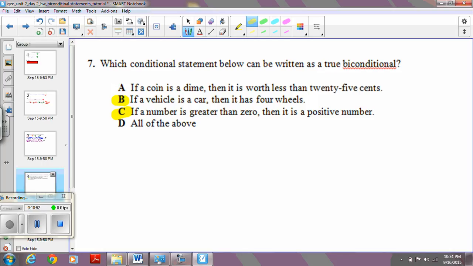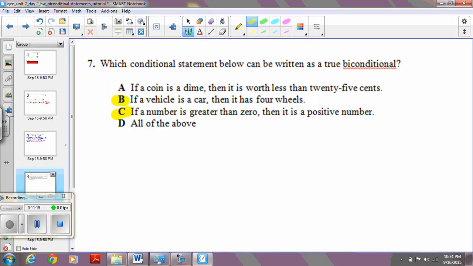Now let me read B again. If a vehicle is a car, then it has 4 wheels. That's true. The converse would read, if a vehicle has 4 wheels, then it is a car. Can you think of other 4-wheel vehicles that are not cars?